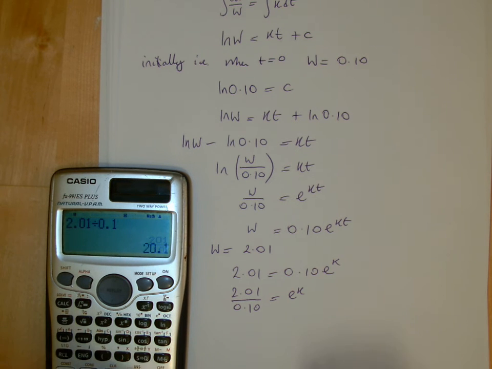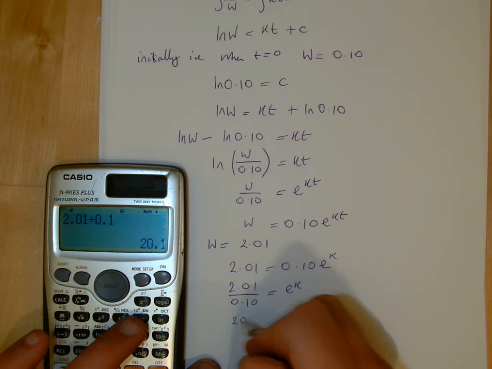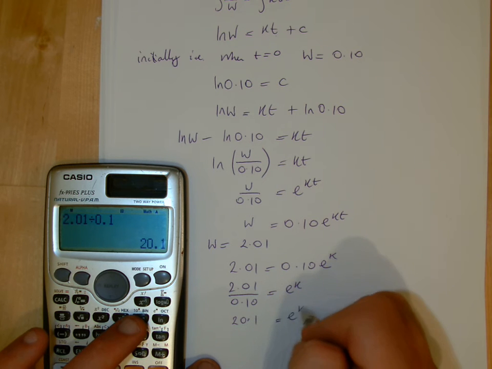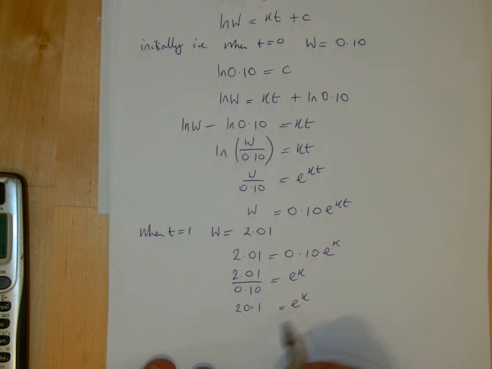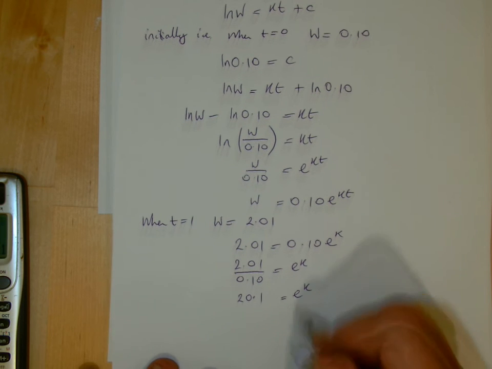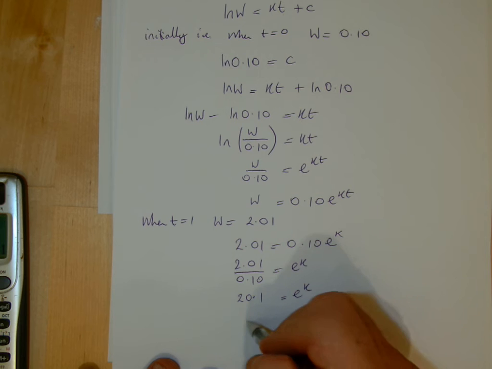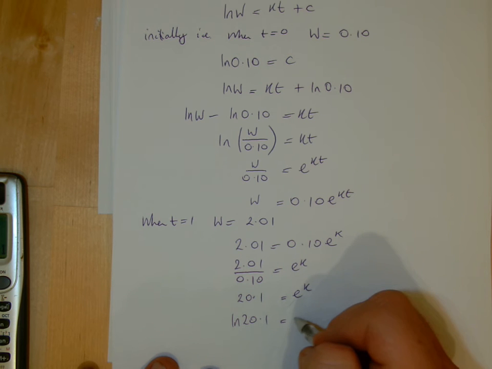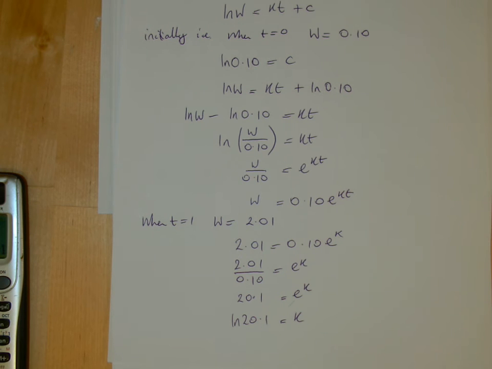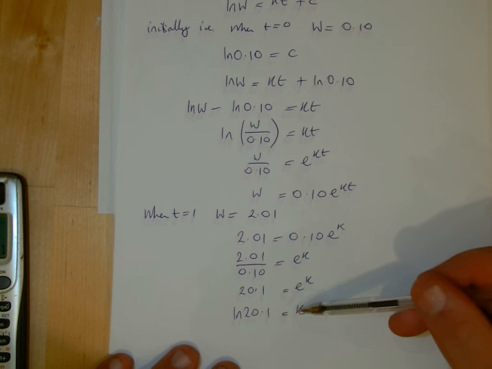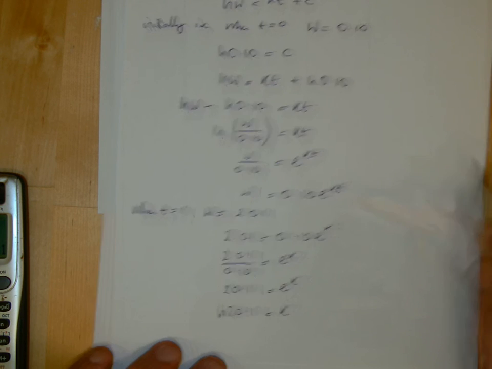So of course that becomes 20.1 equals e to the k. And then if we take the e over, it becomes ln on that side, ln 20.1, which is what k is equal to. Brilliant.